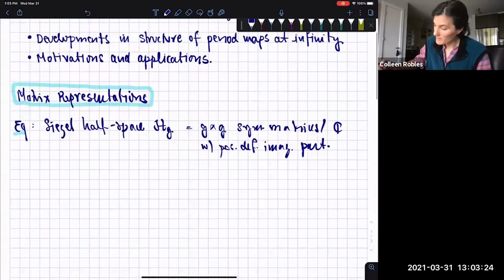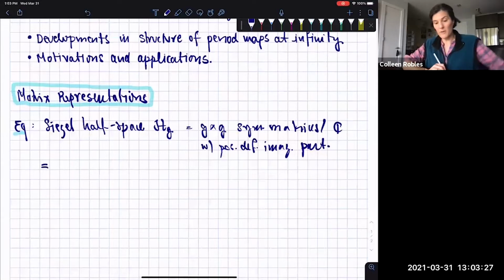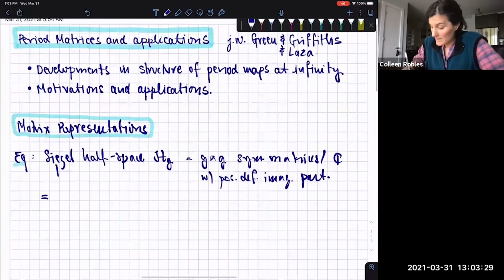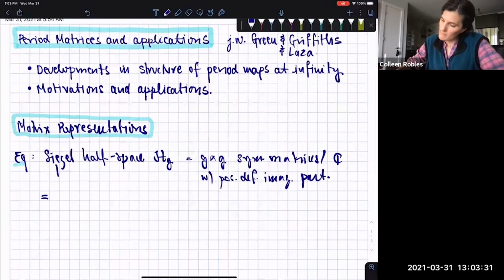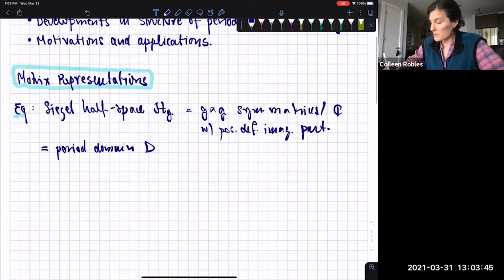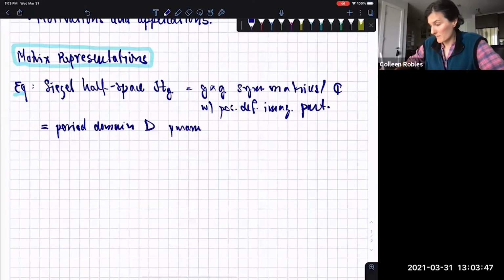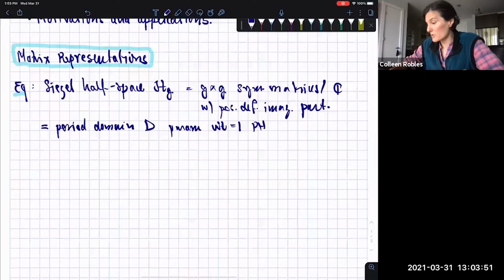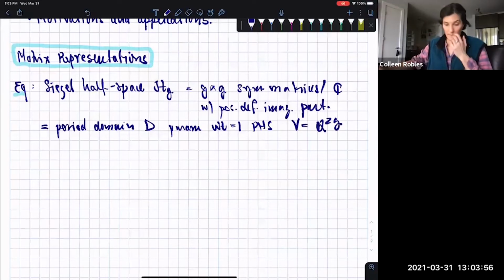And what's important here is the well-known fact that this is naturally identified with the period domain D that parametrizes weight equal to 1 polarized Hodge structures on some rational vector space of dimension 2g.